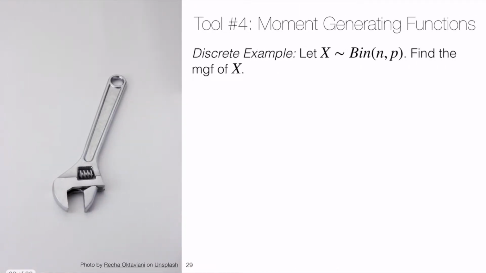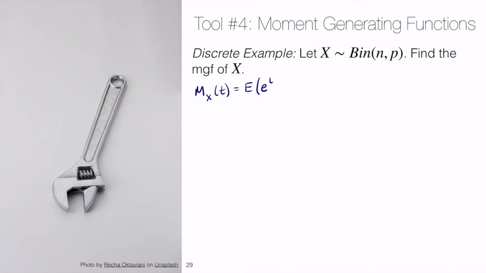All right, so let's try an example of finding the moment generating function of x, where x is binomial n, p. In this case we have a discrete random variable, and that means that our moment generating function is still an expectation, but the expectation will be a sum rather than an integral.